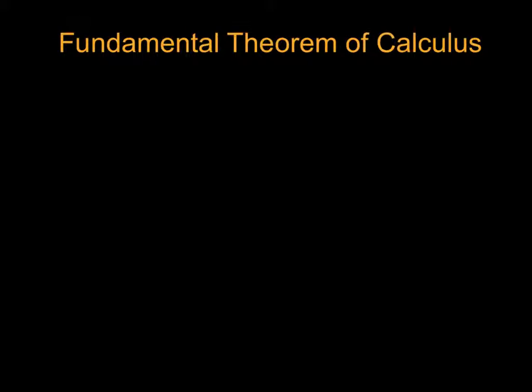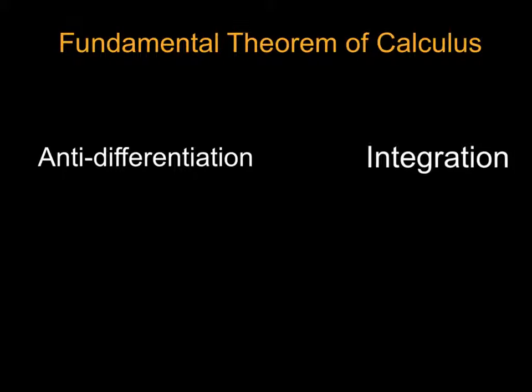One final note here, just because we've seen two other fundamental theorems, the fundamental theorem of arithmetic and the fundamental theorem of algebra, we thought we'd throw in the fundamental theorem of calculus. So this theorem has several different components, and you can phrase it in different ways, but in a nutshell, the fundamental theorem of calculus says that antidifferentiation and integration are basically the same thing.